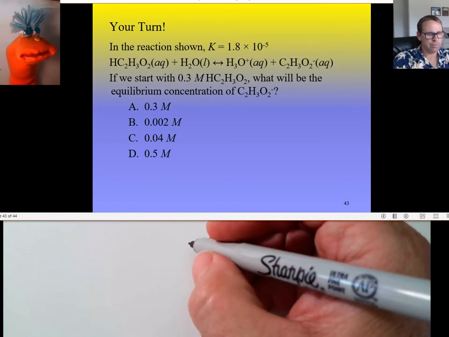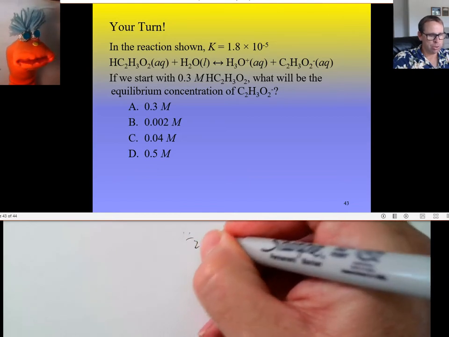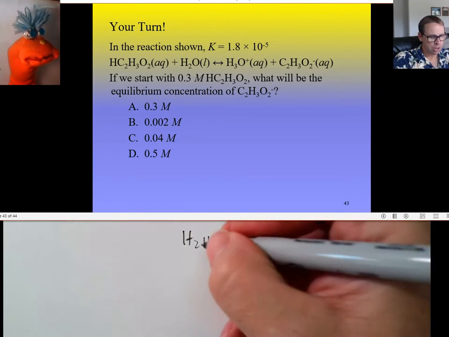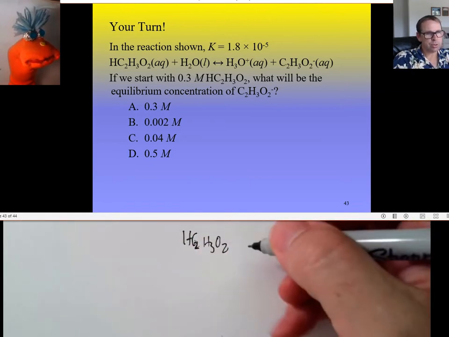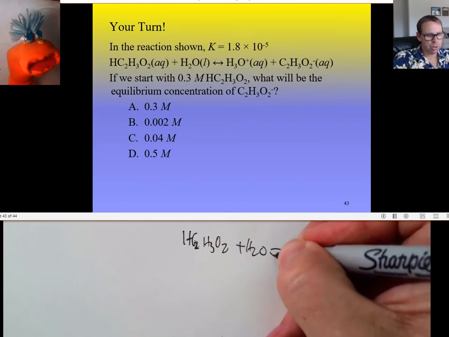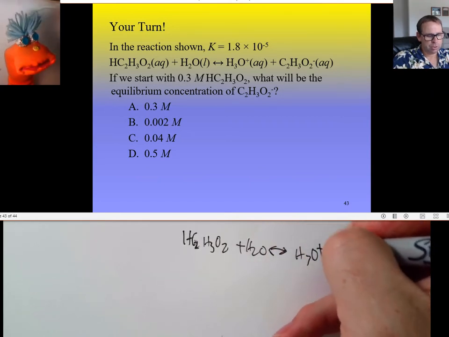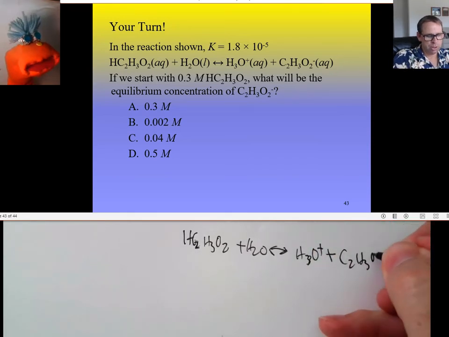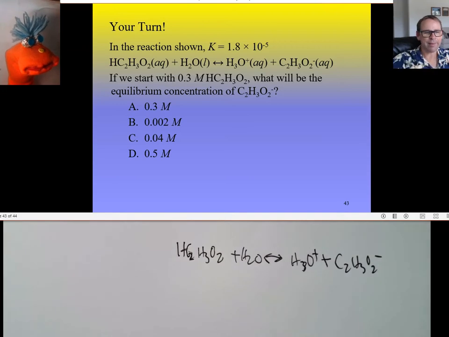let's walk through it, right? Yeah. So HC2H3O2 plus H2O, yielding H3O plus and the acetate ion, C2H3O2 minus. Okay, very good.